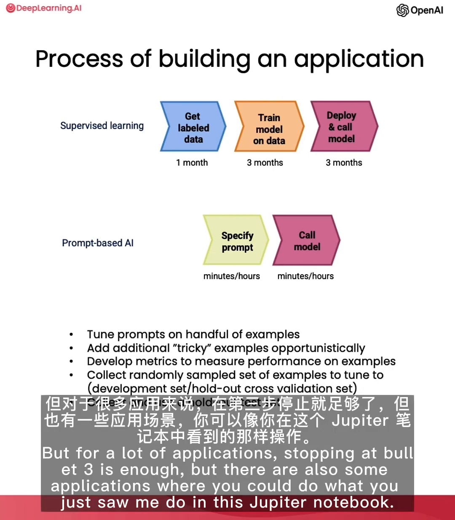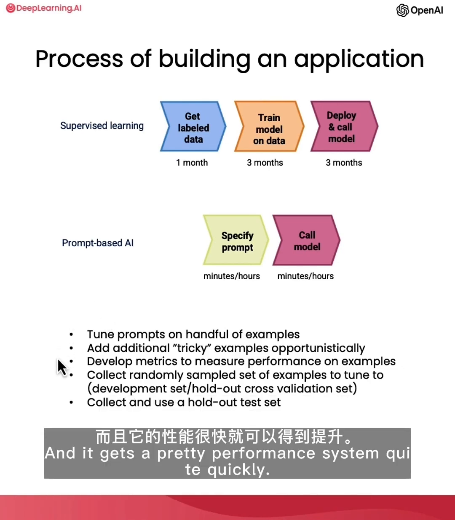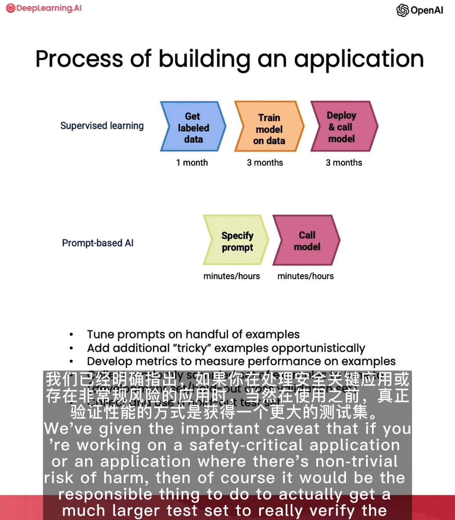But for a lot of applications, stopping at bullet 3 is fine, but there are also certain applications where you could do what you just saw me do in this Jupyter Notebook and get to a pretty performant system quite quickly. With, again, the important caveat that if you're working on a safety critical application or an application where there's non-trivial risk of harm, then of course it would be the responsible thing to do to actually get a much larger test set to really verify the performance before you use it anywhere.